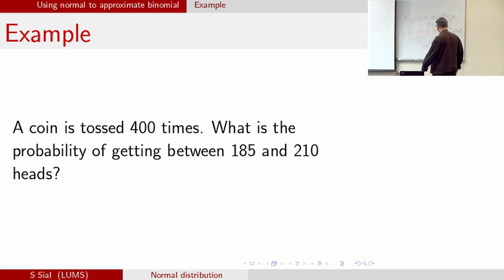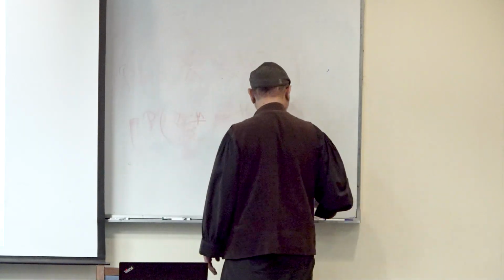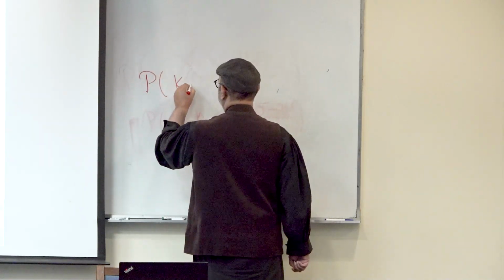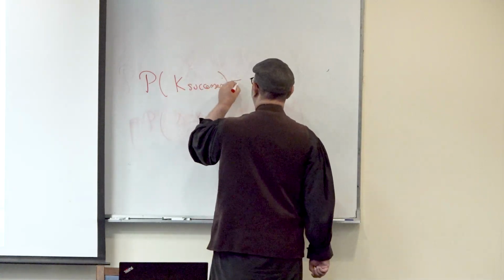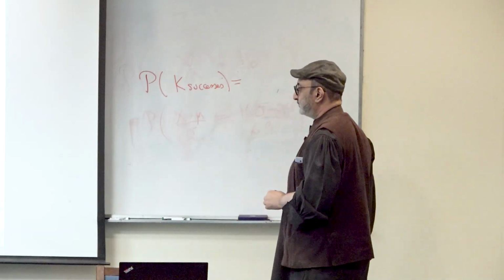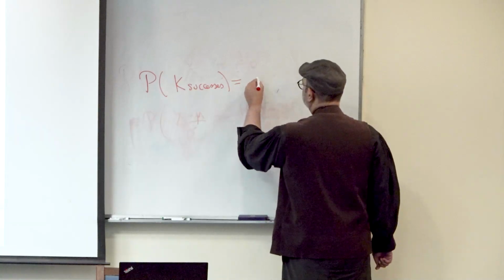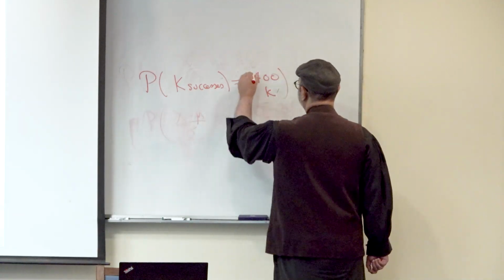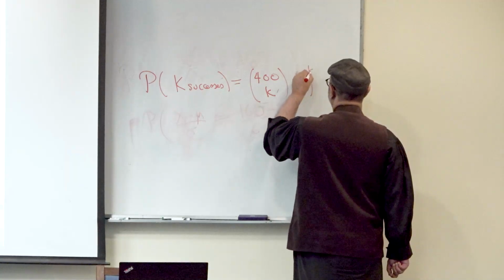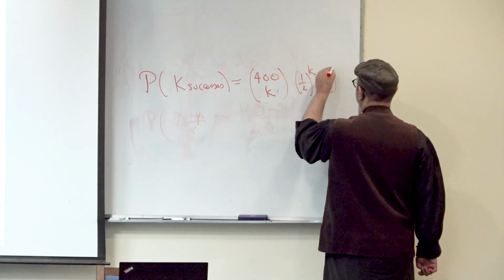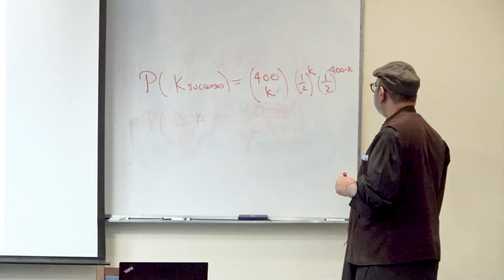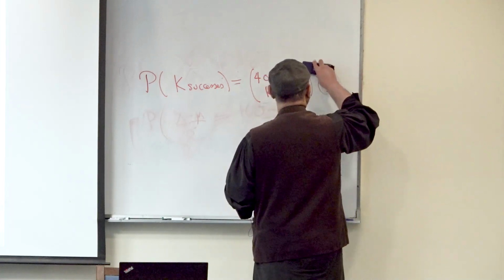You'd say the probability of k successes is, well, you're going to toss it 400 times, and you could get exactly k successes, then 1/2 to the k, 1/2 to the 400 minus k. Does that look right?